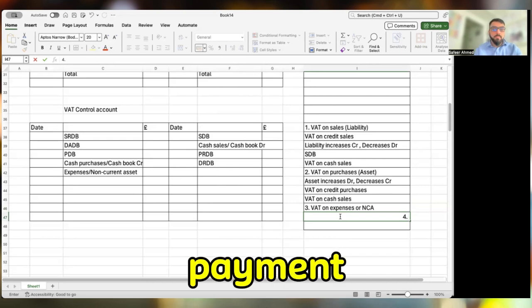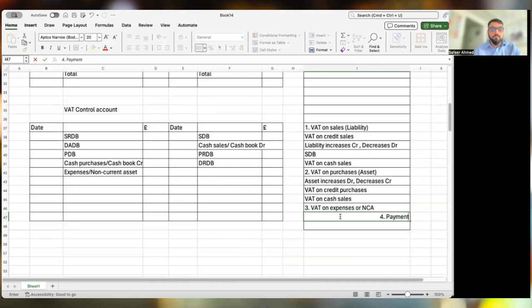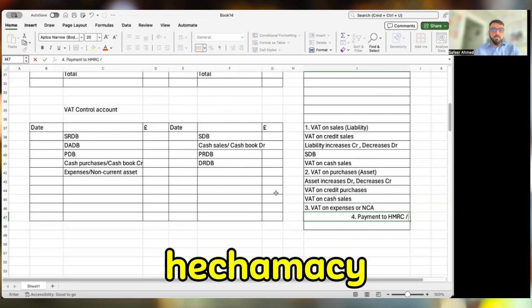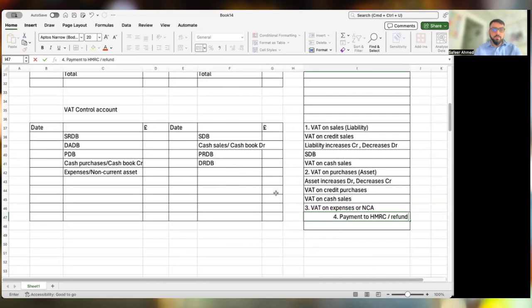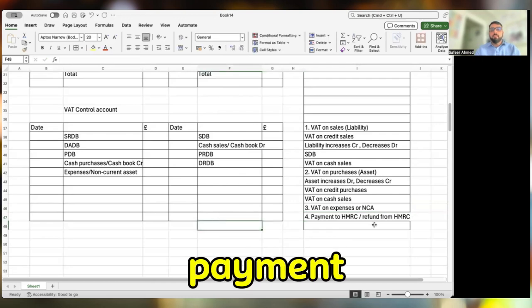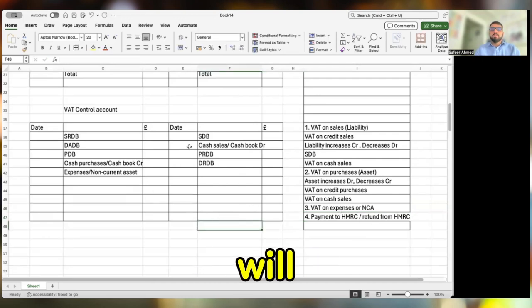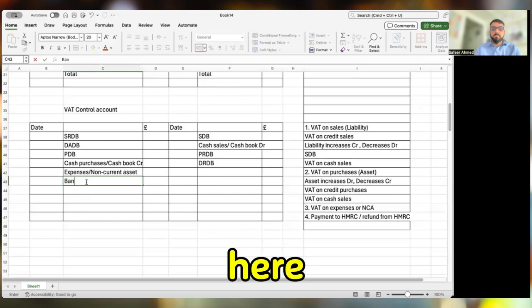So any payment to HMRC will go on the debit side. Why? We can fairly say payment to HMRC or refund from HMRC. Now, if it is payment to HMRC, then it will decrease a business liability. So therefore, it will go on the debit side here. It will be bank. And any refund from HMRC will go on the credit side here.